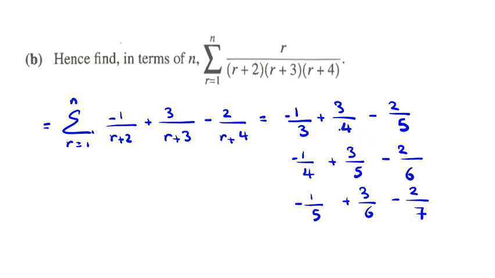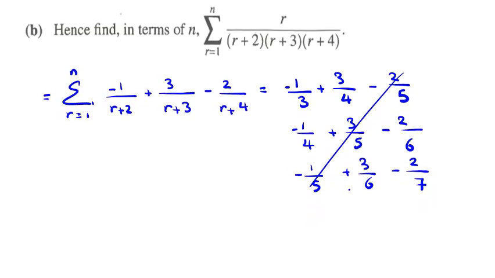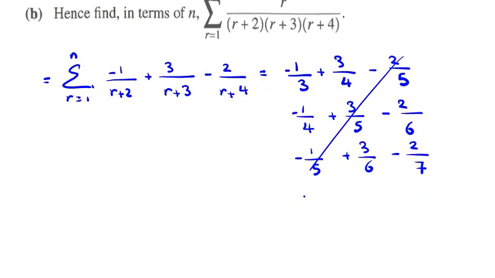Now, if we consider the fractions, many of them will be cancelled like this. For example, negative 1 over 6 plus 3 over 7 minus 2 over 8. Again, they will be cancelled.